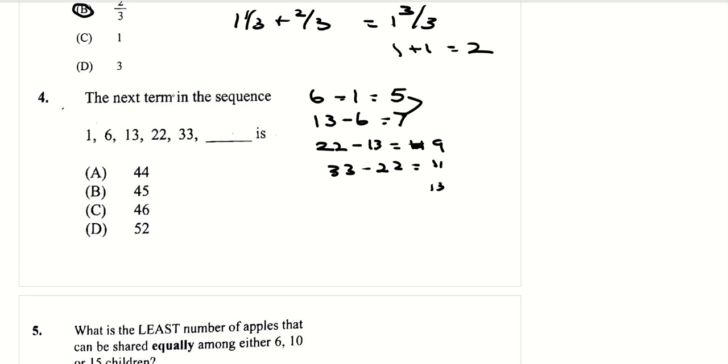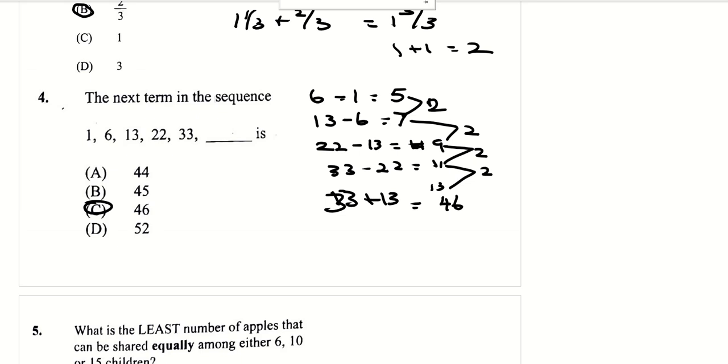So 5 plus 2 would give you 7, 7 plus 2 would give you 9, 9 plus 2 would give you 11, 11 plus 2 would give you 13. So we know that our next term would be 33 plus 13, which is equal to 64. So the answer for this would be C.